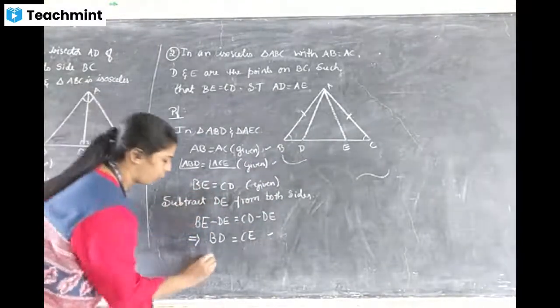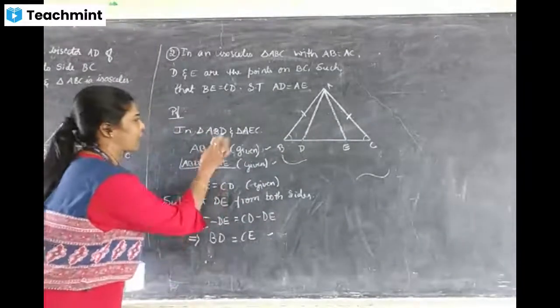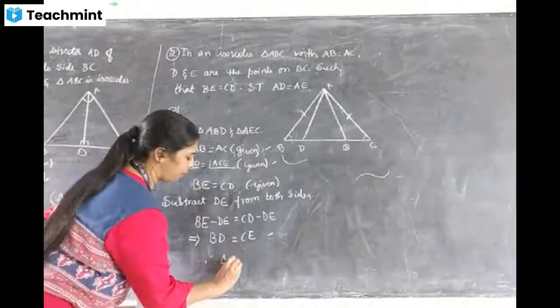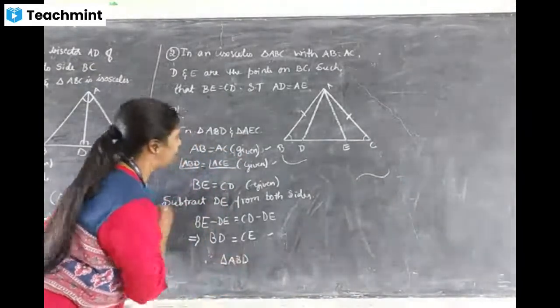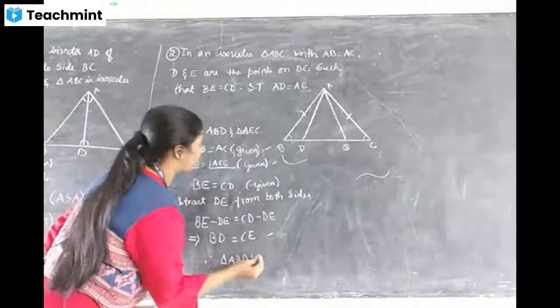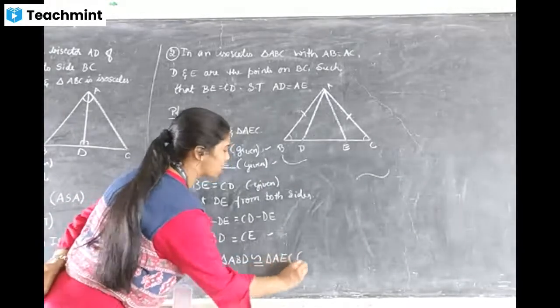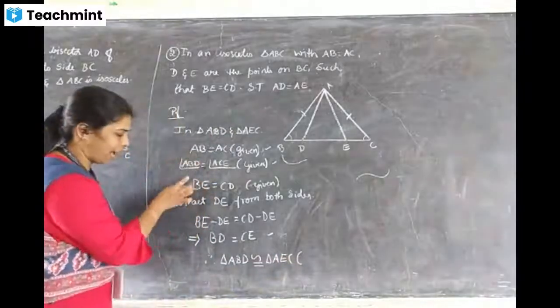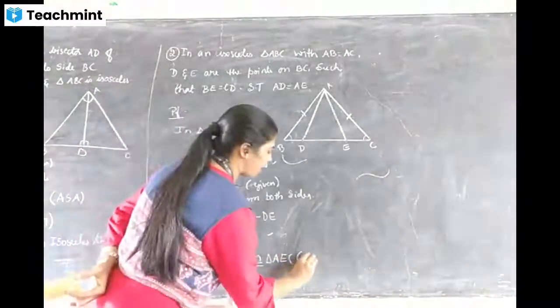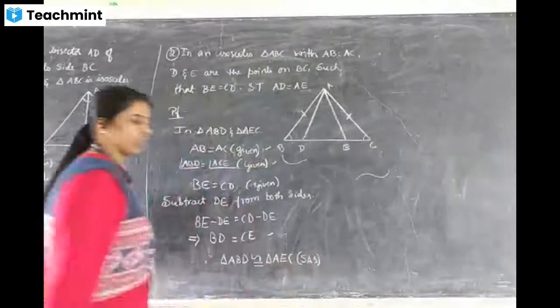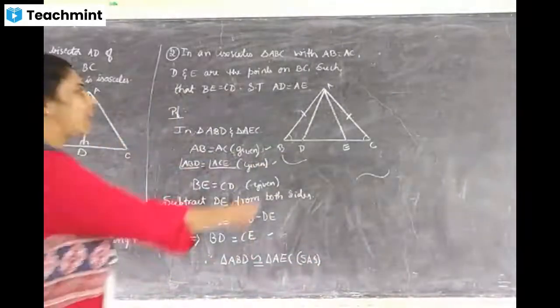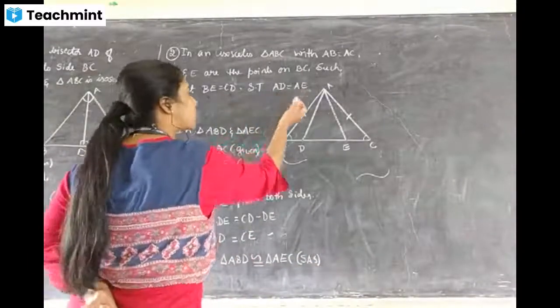Okay. Therefore, which two triangles have we taken? Triangle ABD congruent to triangle ACE because of which postulate? Side angle side. Yes. Now what they asked with us? We must say AD is equal to AE.